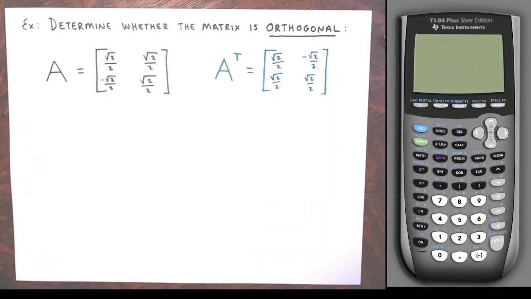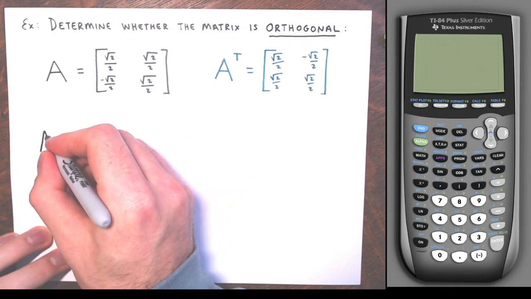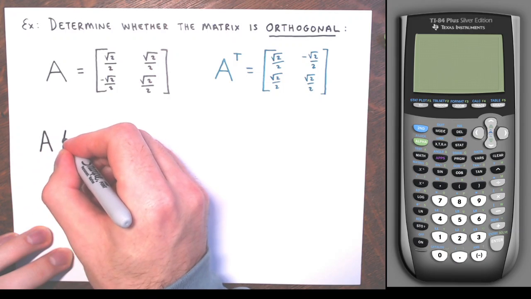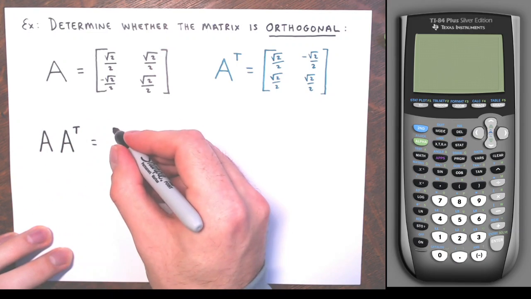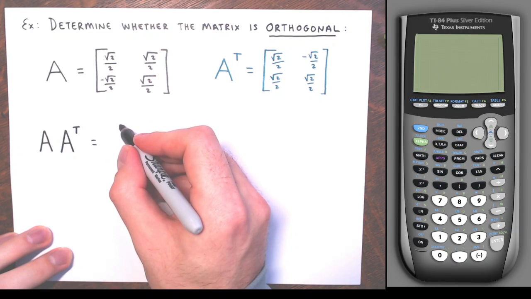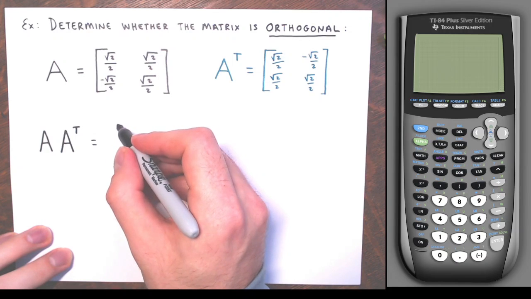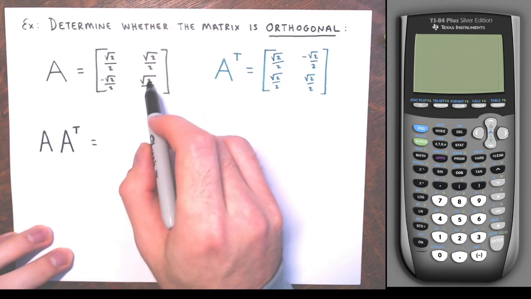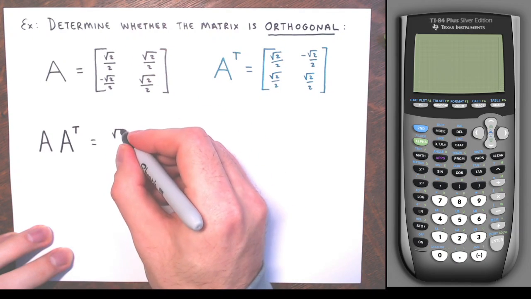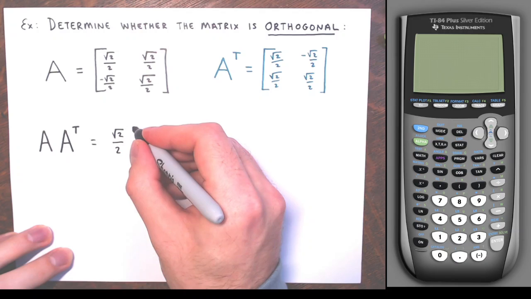So what I'm going to do now is multiply these. What is A times its transpose? Something I'm going to do is pull some scalars out. I notice every single one of these has the square root of 2 over 2 in common, so I'm going to pull that out.